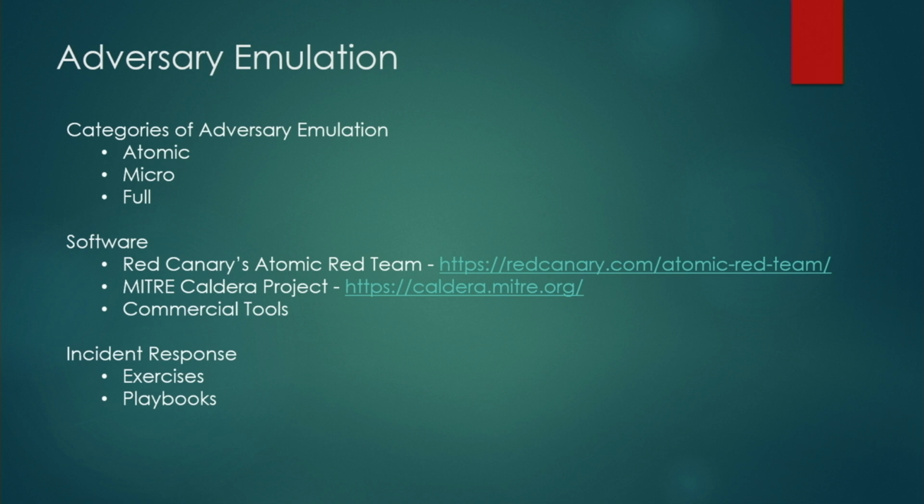And finally, you can actually use adversary emulation for incident response. Using a combination of adversary behaviors and TTPs, we can build out realistic tabletop exercises for specific adversaries and run our teams through them to see how we do.